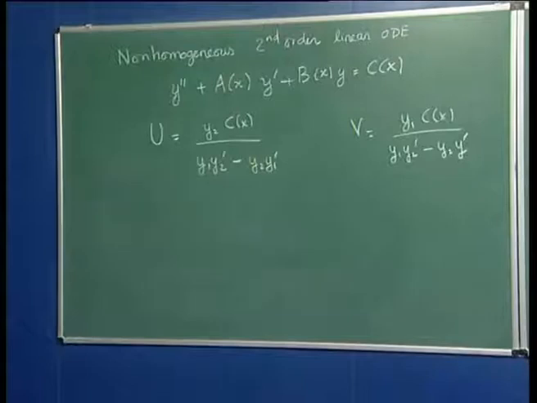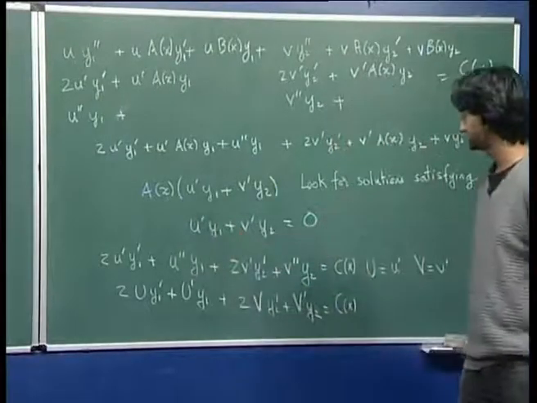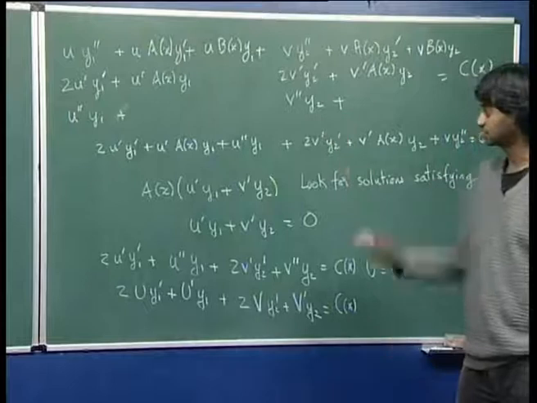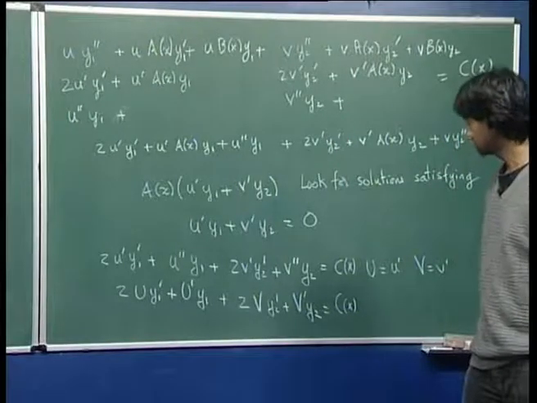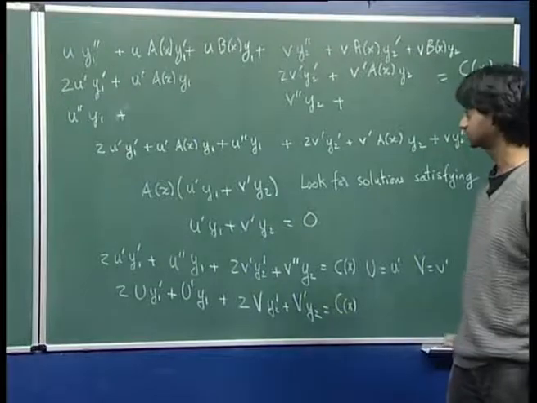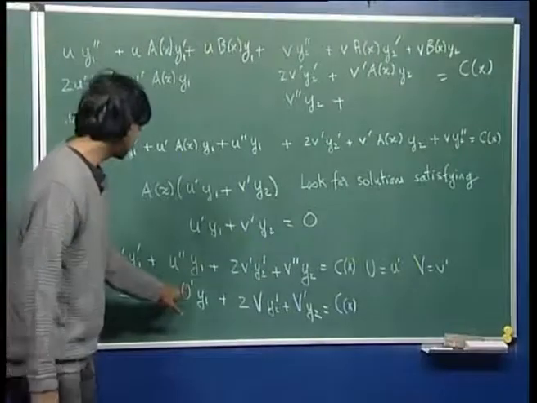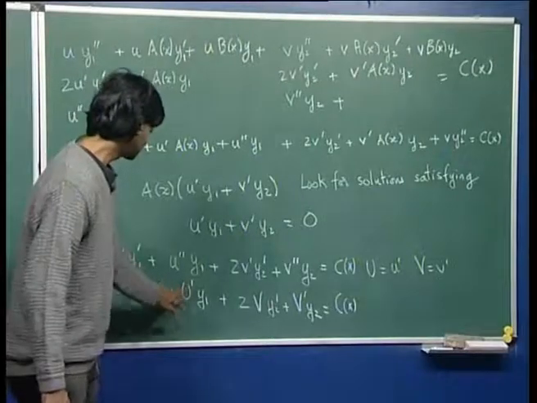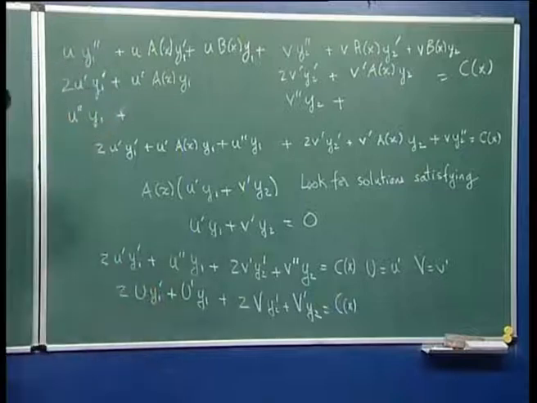Let me just check and make sure, yes. So if you rearrange these equations, then you can easily show that this is the solution of these equations. Now, notice that your solution is in terms of capital U, and you can easily show that is indeed the case.